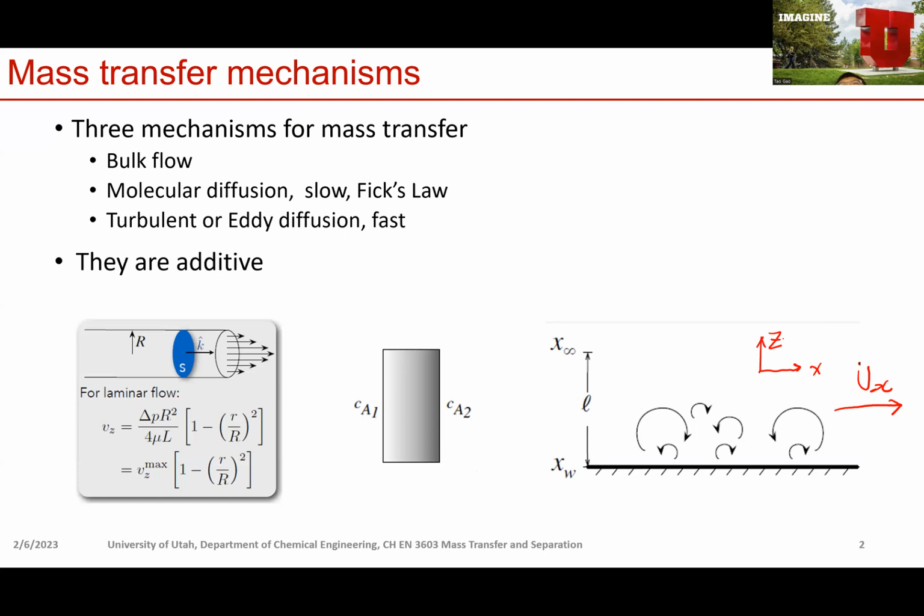That means there's no bulk flow perpendicular to the wall. But because of the eddies' motion, they mix chemical species in the fluid, and that creates a mass flux in the z direction.